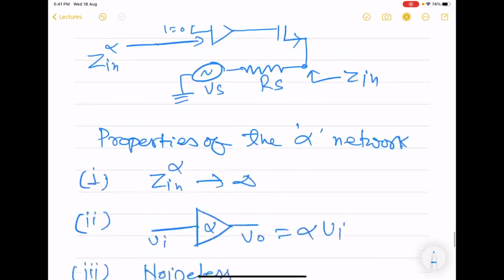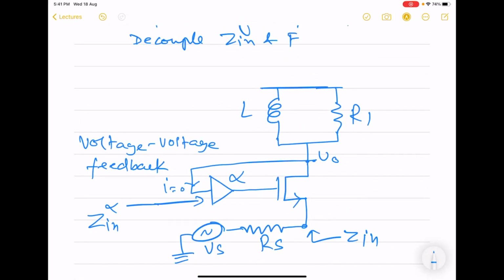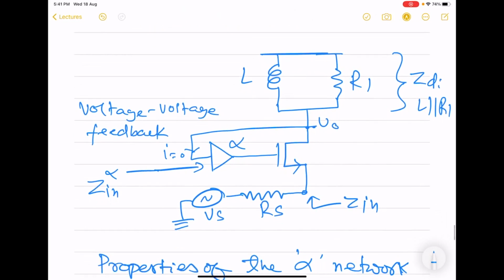So here ZD is actually this whole thing. So at this stage, it is a parallel combination of L and R1. So let us proceed with this.